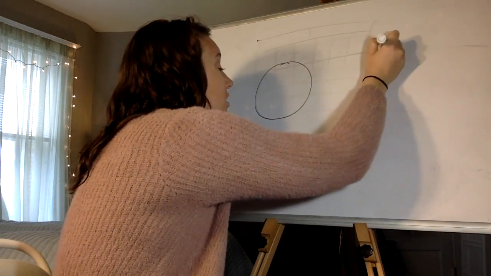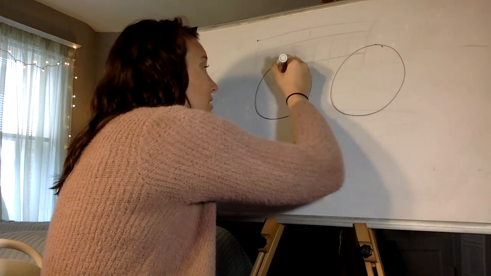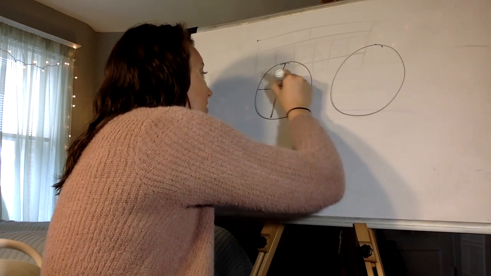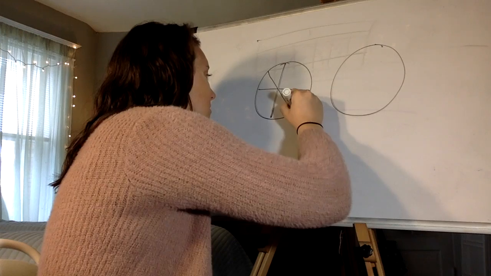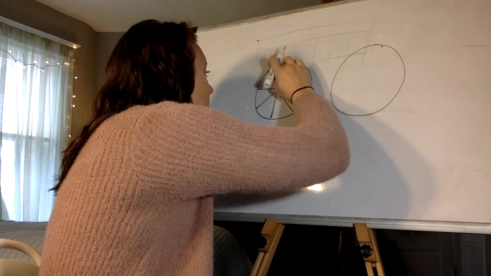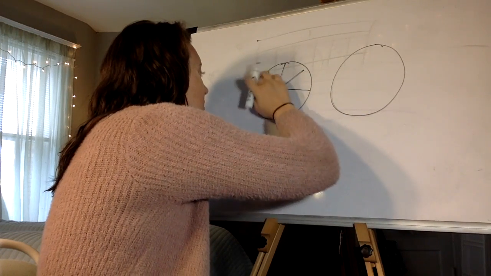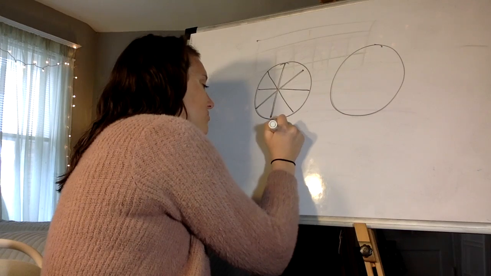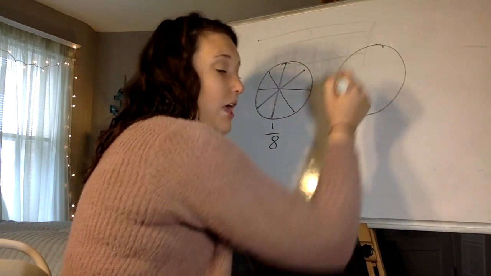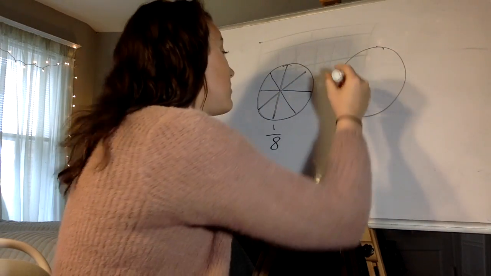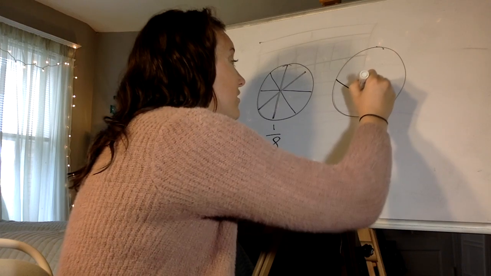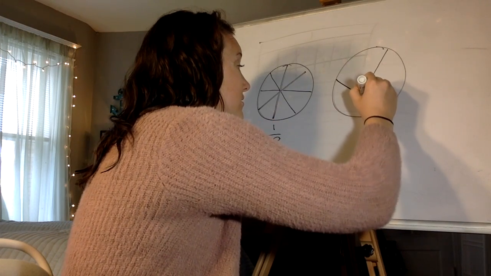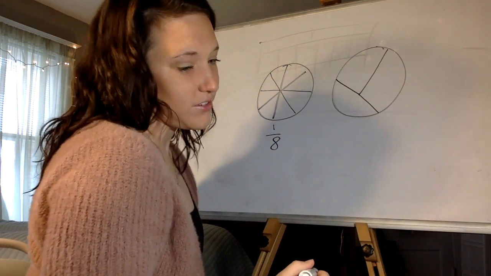So we've got our two circles, and this one's divided into 8. Okay, and that fraction says 1/8. And then the second circle is divided into thirds, sort of like that.